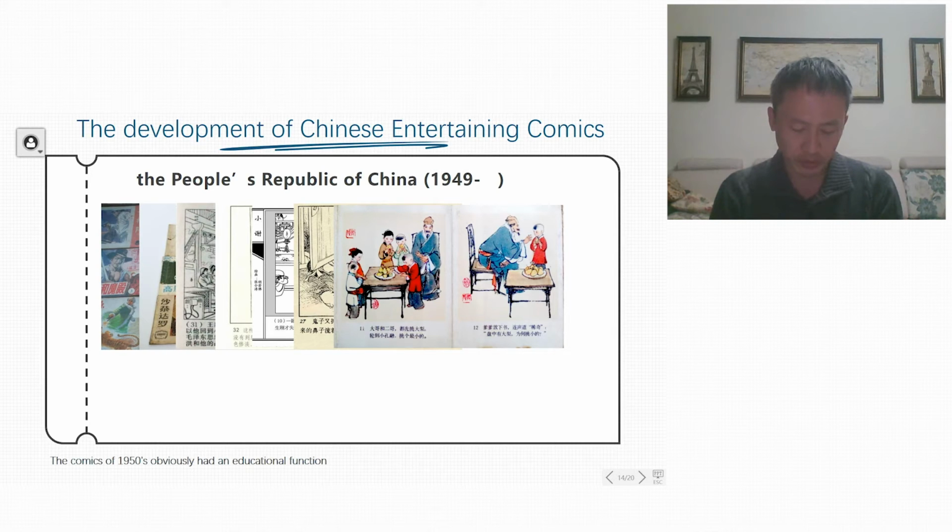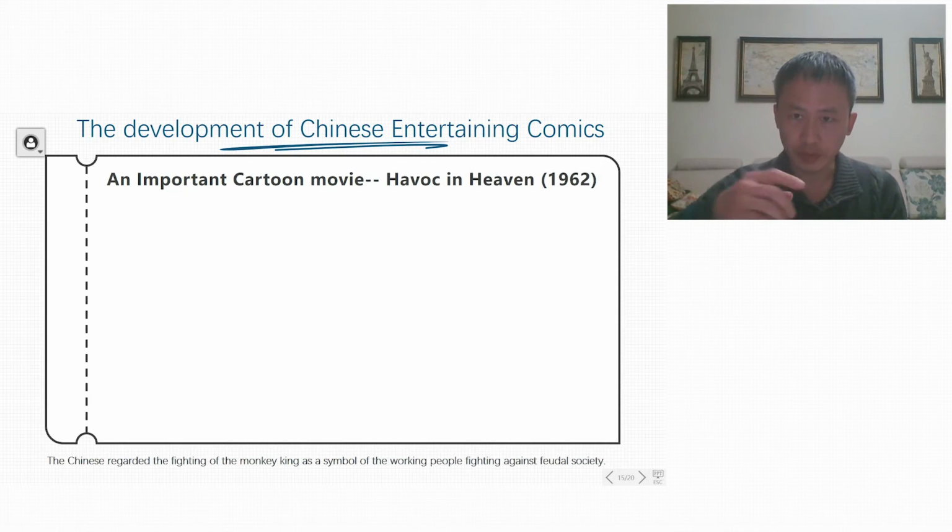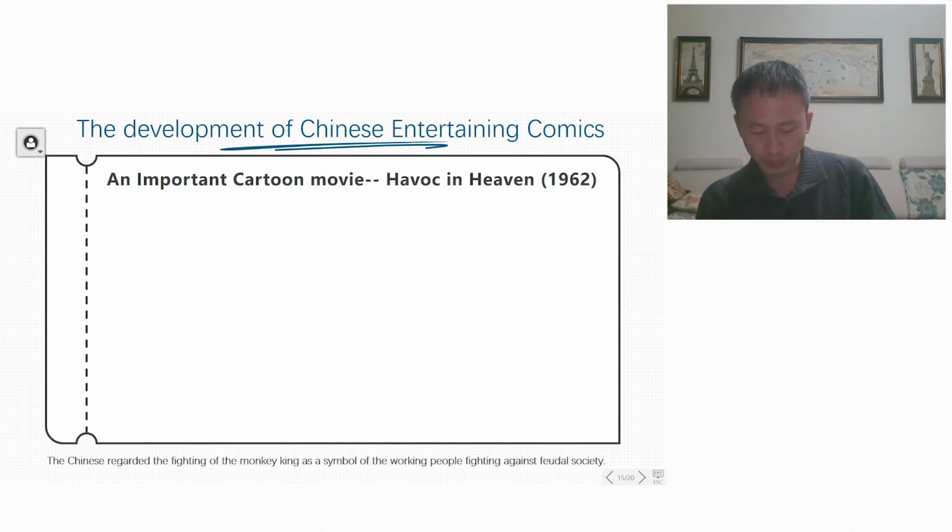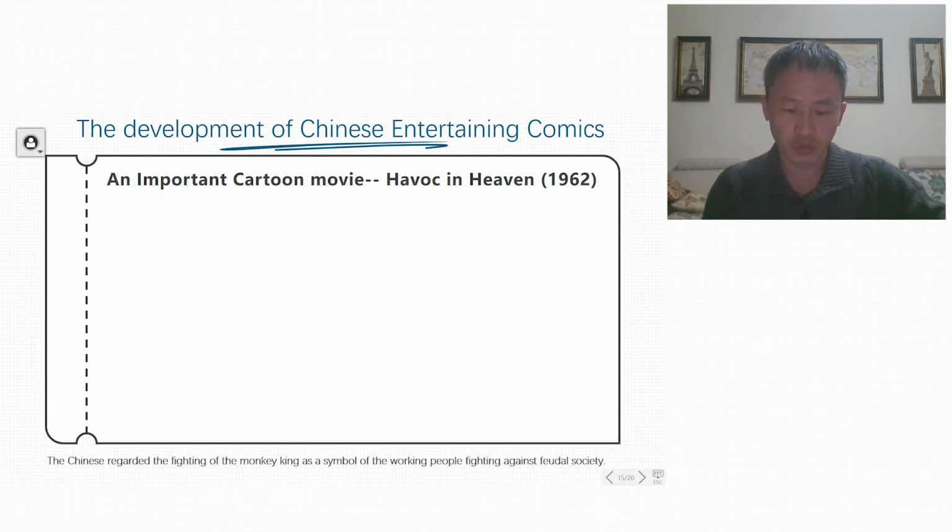A very important example was Havoc in Heaven. This is a cartoon movie. It was also translated as Uproar in Heaven, which is a Chinese cartoon movie. The movie was created as the hit of the Chinese animation industry in the 1960s.